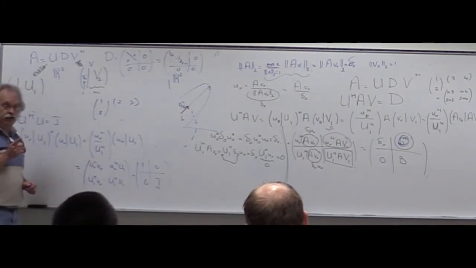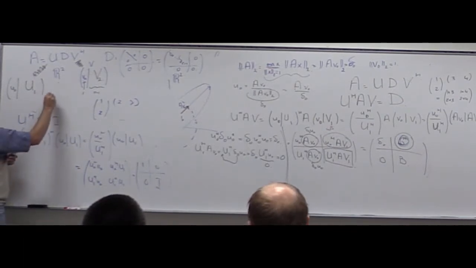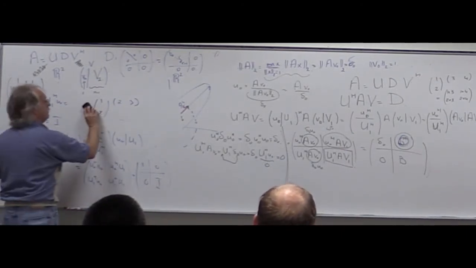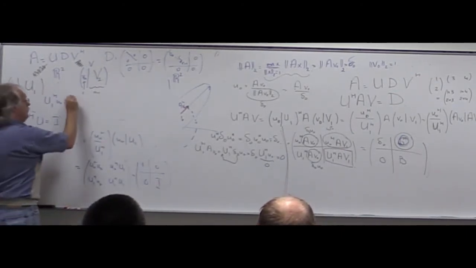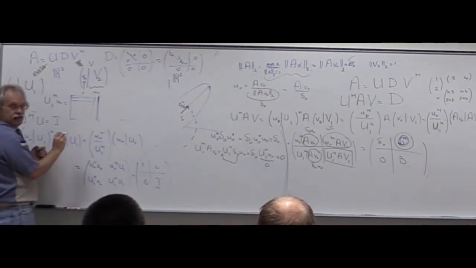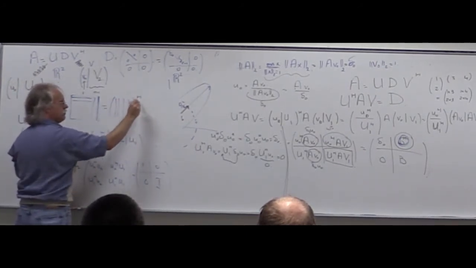Another way of looking at it is, listen, the columns of this matrix must be mutually orthonormal. That means that this column must be orthonormal to all of the other columns. If you look at what U1 Hermitian U0 does, it does this dot product with that, this dot product with that, but really these are the columns of this matrix, right?